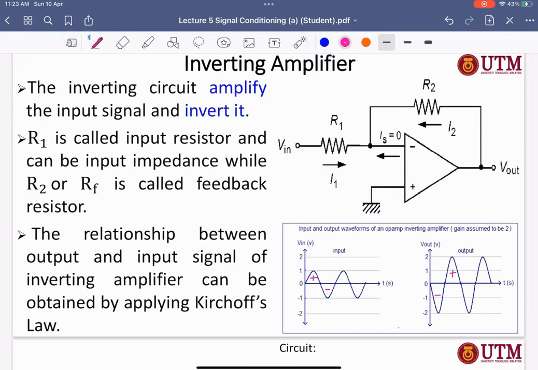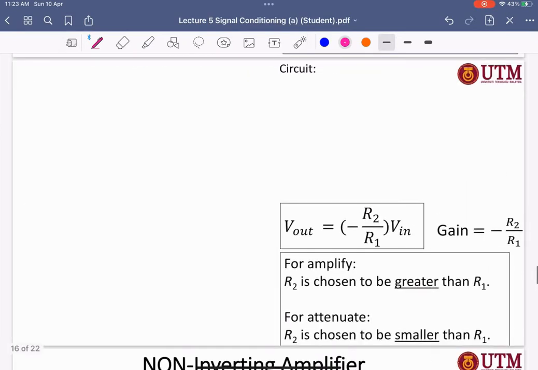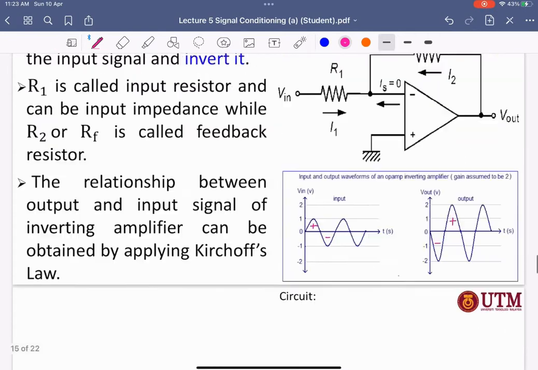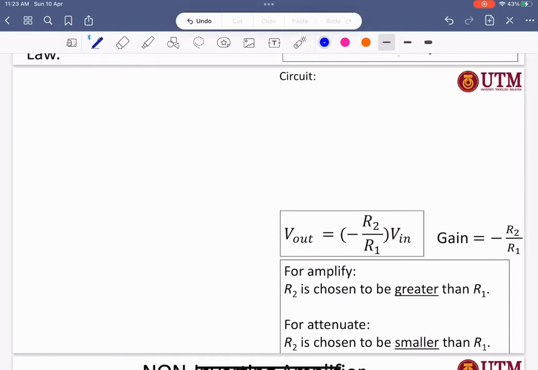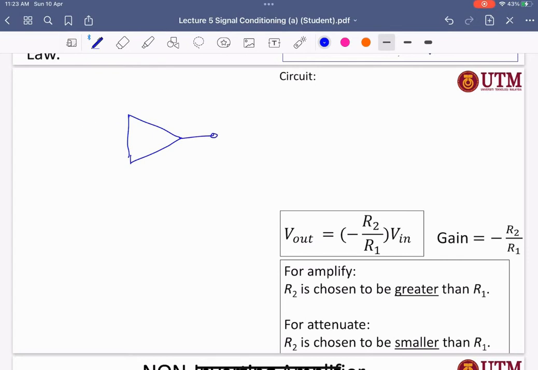Okay, all right, so let's do this one. Let me do it again. Okay, in order to draw the inverting circuit, what you need to do first is draw the op-amp first, right? This one. The op-amp actually has three legs, okay? Two for input, and one for output, and minus plus.